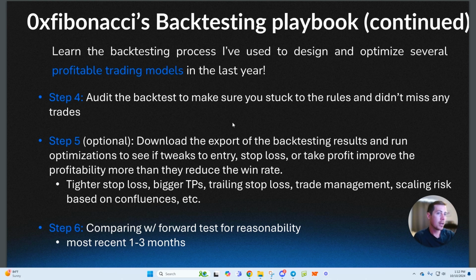I notice this little thing here and there, that on certain trades I could maybe tighten up my stop loss a little bit, or man, I'm taking my profits way too early. A lot of these trades are running, so maybe I could extend my take profit or do some kind of trailing stop loss. And the whole goal with the optimizations is seeing from each of these individual tweaks, does it improve the profitability more than it reduces the win rate, or vice versa?